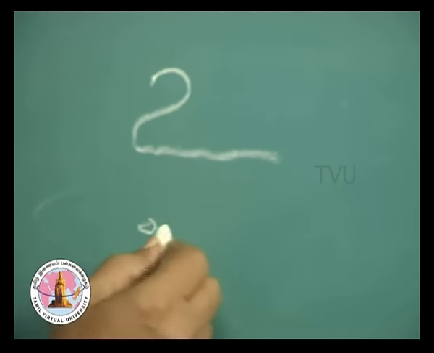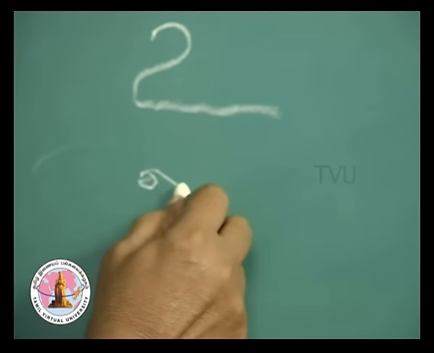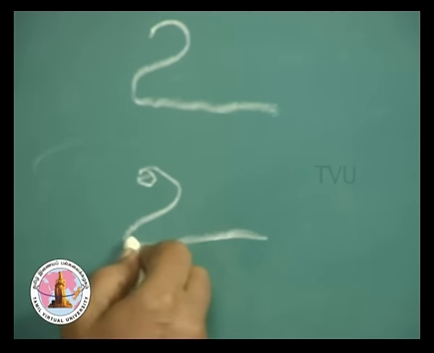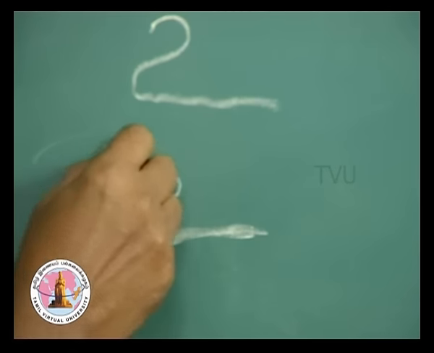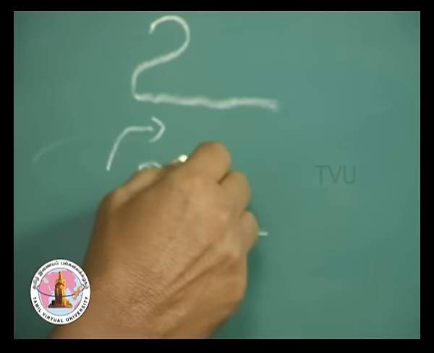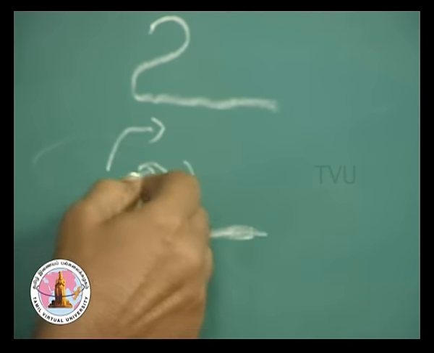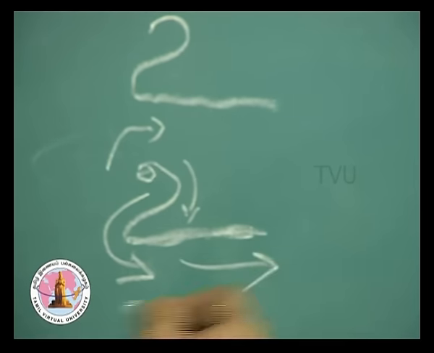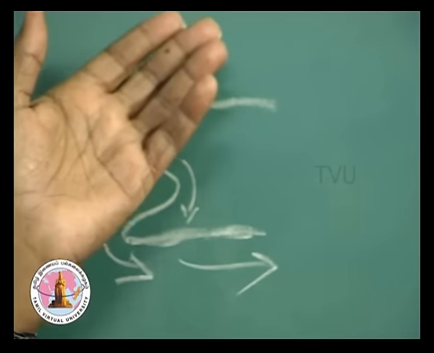A circle, extension, a curve, a stretch, a horizontal stretch. So that is to say, this will be the shape of the whole thing.